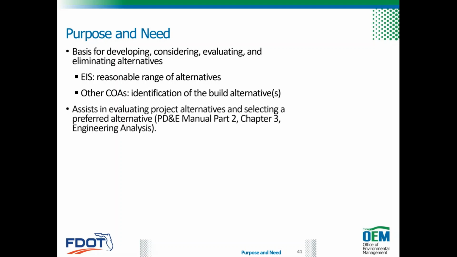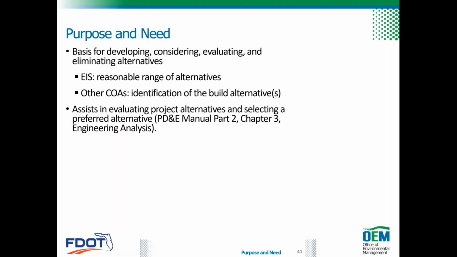Okay. FDOT and planning agencies such as MPOs or metropolitan planning organizations and TPOs, transportation planning organizations, identify transportation needs during the development of their respective transportation plans based on planning data.